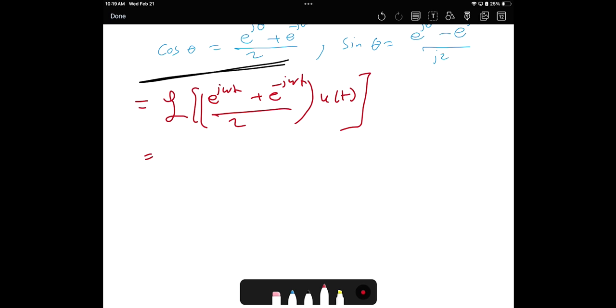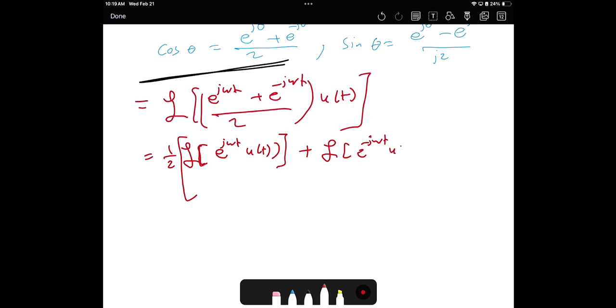Basically, we will do it as 1 over 2. This constant will be outside of the transformation. Then we put a large bracket: e power j omega t u of t, that's the first Laplace transformation, plus the Laplace transformation of e power negative j omega t u of t.